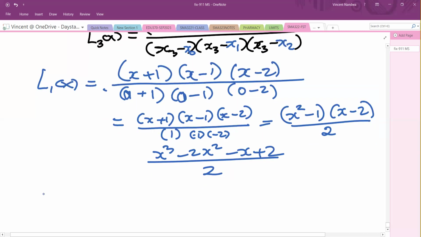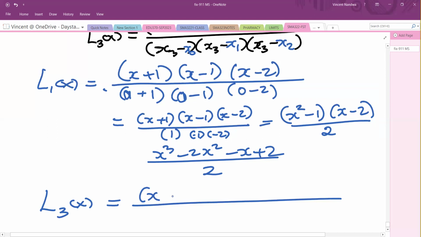Then let's define L3 of x. So L3 of x, I'll have x minus minus 1 is plus 1 into x minus 0 into x minus 1, correct.